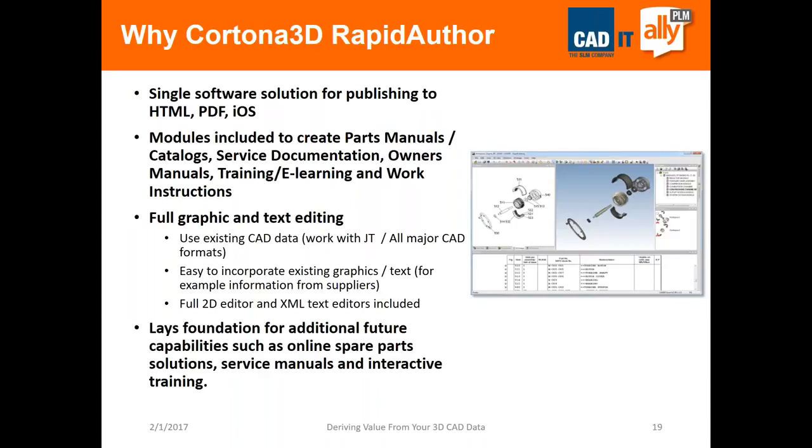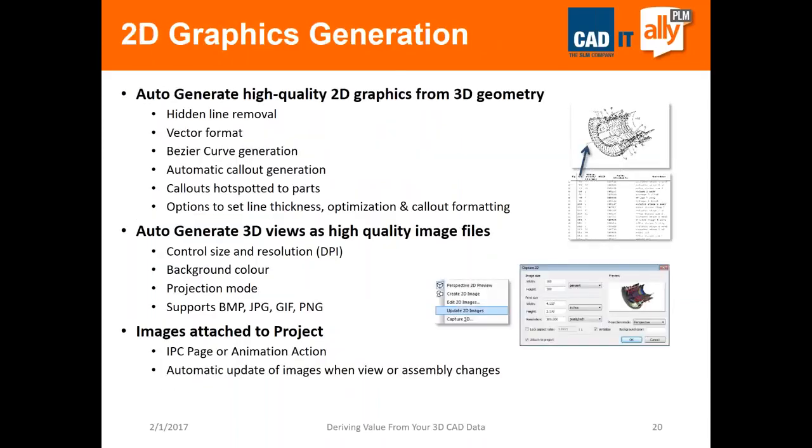I'm going to show a spare parts catalog example, so you'll see how easy that is to use, but the same software has the ability to do those other things. Once you bring it in, it lays a foundation for you to start looking at other areas and bringing electronic documentation and improvements across other areas of the business.